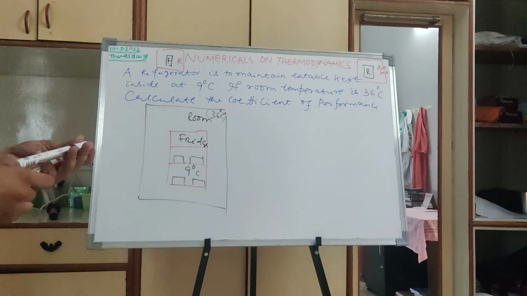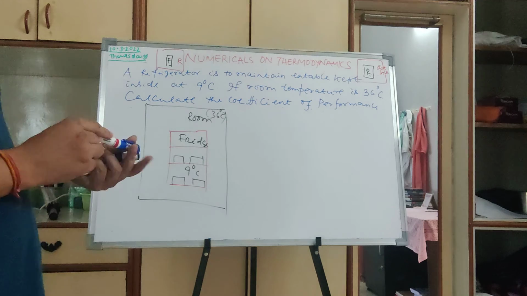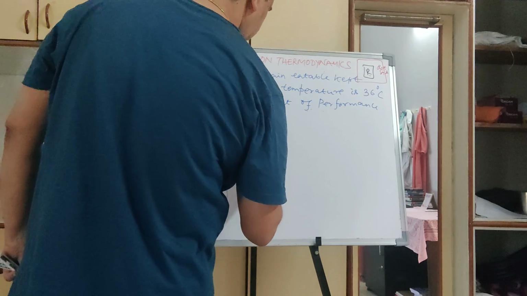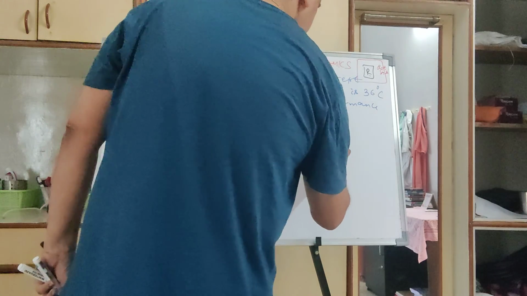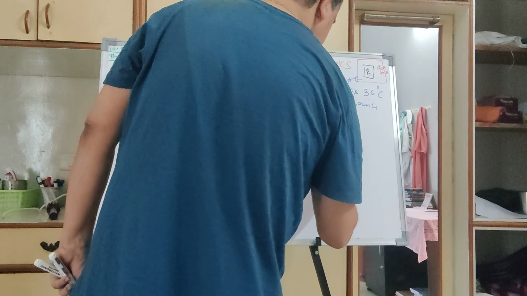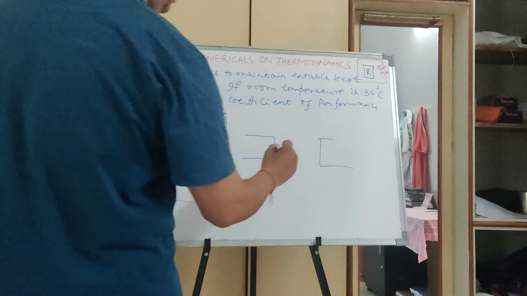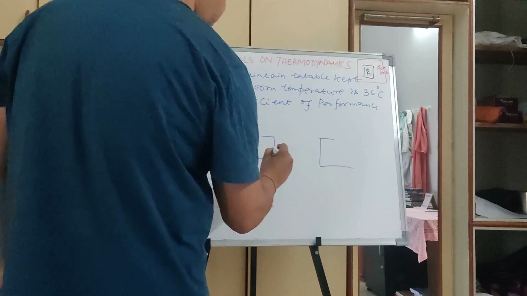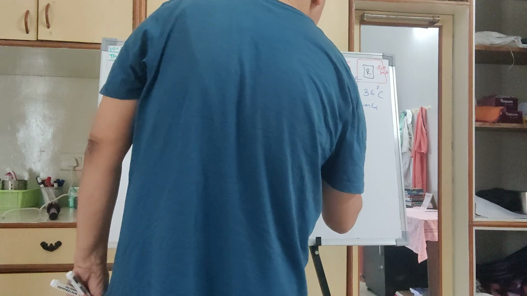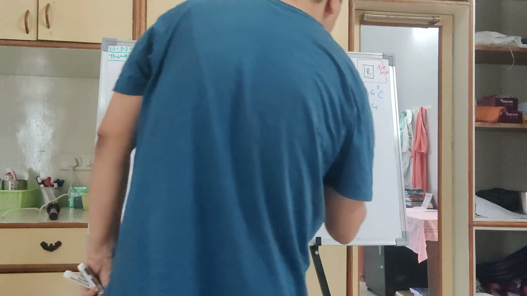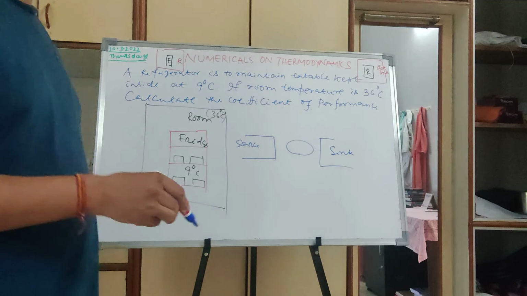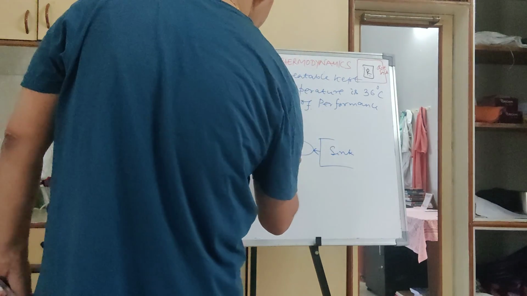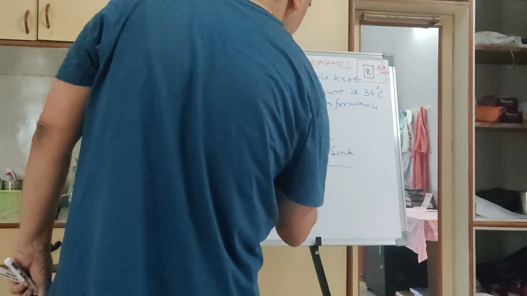Earlier we have drawn how the refrigerator works. Okay, so let us say this is your source, this is your sink, this is your working substance, the refrigerant, and you are taking heat Q2 and throwing away heat Q1 to the room.